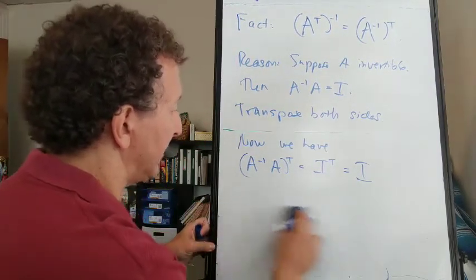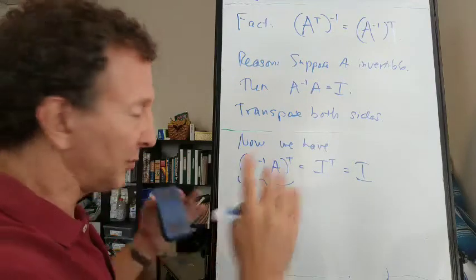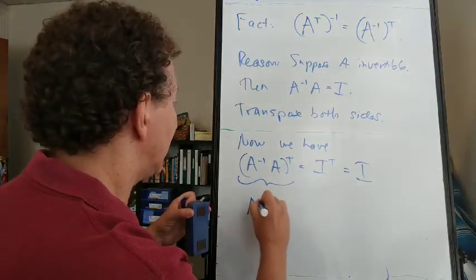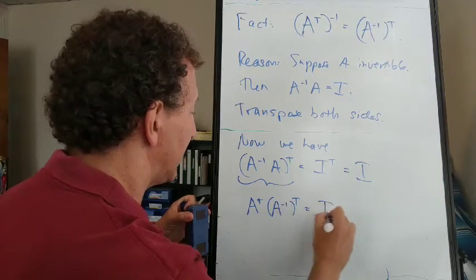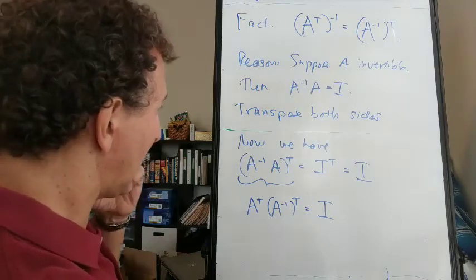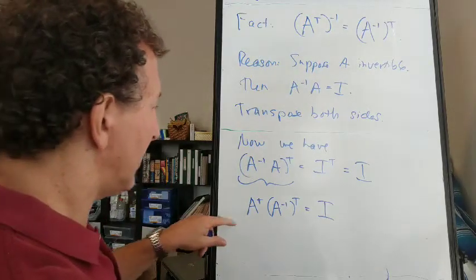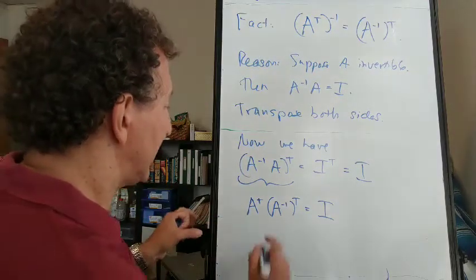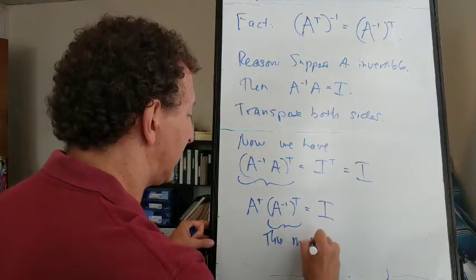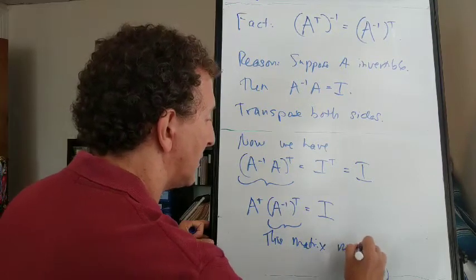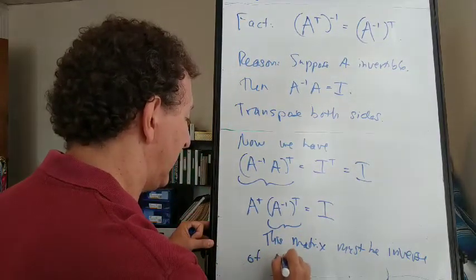On the left-hand side, when we take a transpose of a product, that's the product of the transposes, but in the opposite order. So we have A transpose A inverse transpose equals I. So that means that this matrix must be the inverse of A transpose.